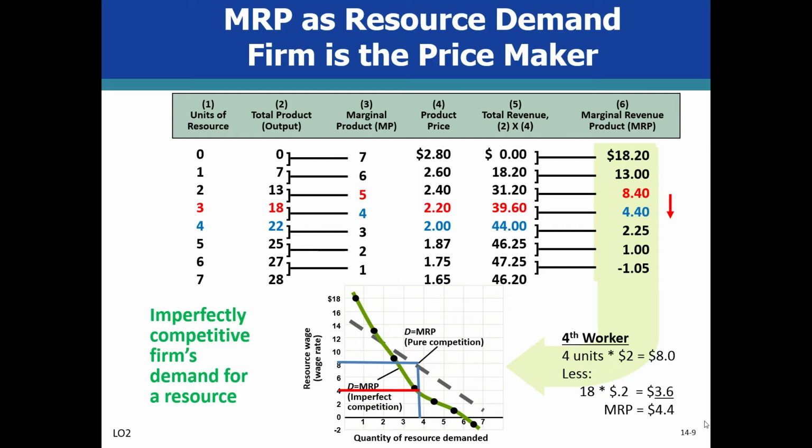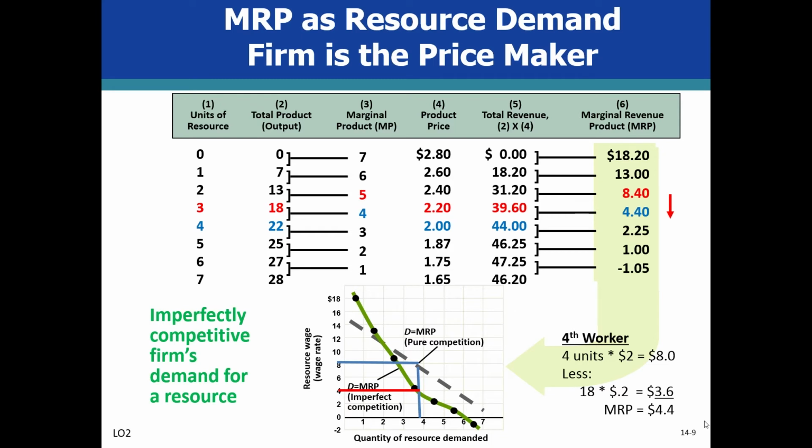It's the $8 earned by selling the additional 4 units at the $2 market price, less the 20 cents a unit on the previous 18 units produced. So in the bottom right here, you can see that we start with 8 and we have to subtract the $3.60 to get to an MRP of 4.4.